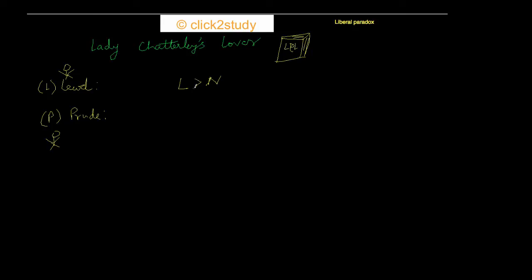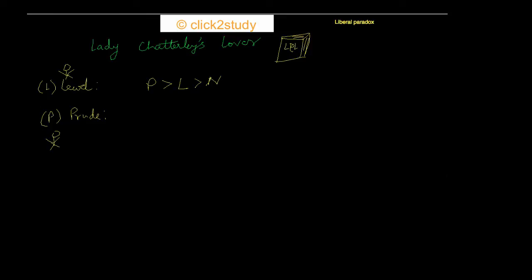This greater-than sign shows preference: L is greater than N means that Lewd prefers that he will read this book instead of nobody reading it. But he is a bit naughty, so he says that he would like even Prude to read this book. He says it's even better because Prude is so conservative that he ought to read this book to come out of those conservative shackles. So he would like Prude to read this book, then himself, and then nobody.